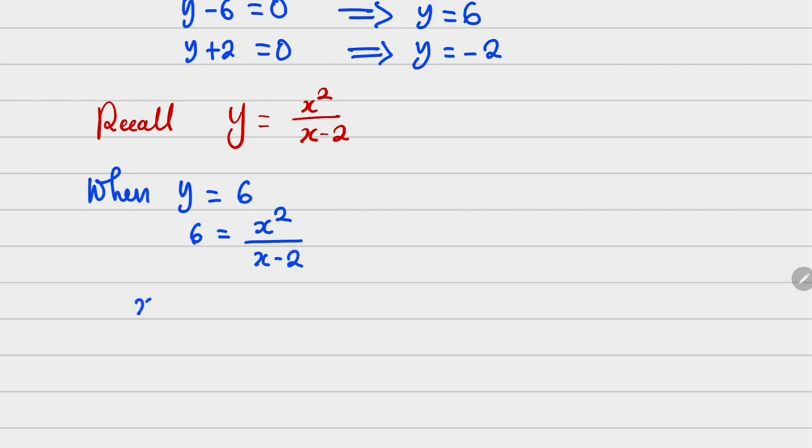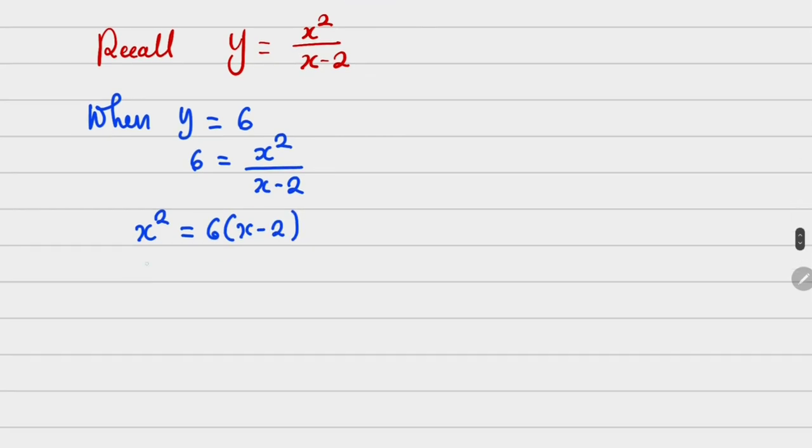Now this is going to be x squared, okay, is equal to 6 into x minus 2, so that I'll have x squared is equal to 6x minus 12.